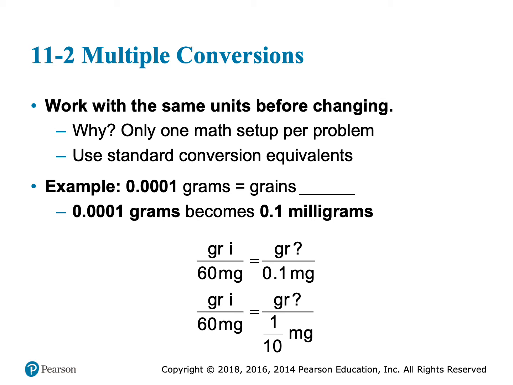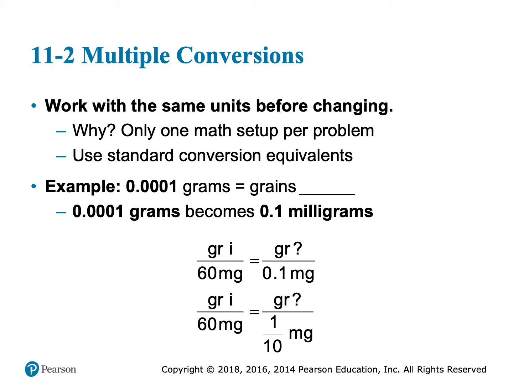That's our acronym for knowing how to move from grams to milligrams. When we look at that acronym, we find that the decimal point needs to move 3 places to the right to get from grams to milligrams, right? So when we do that, we get 0.1 milligrams.